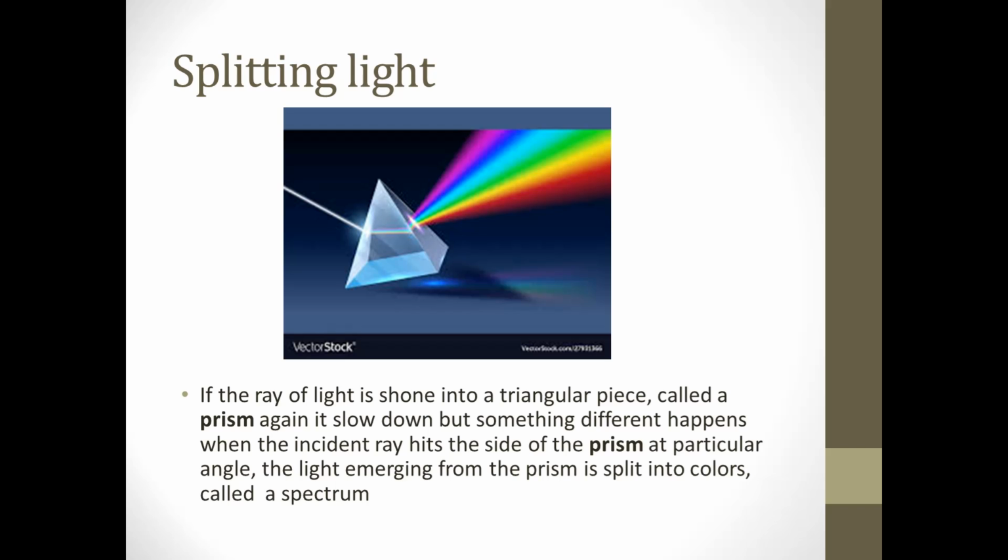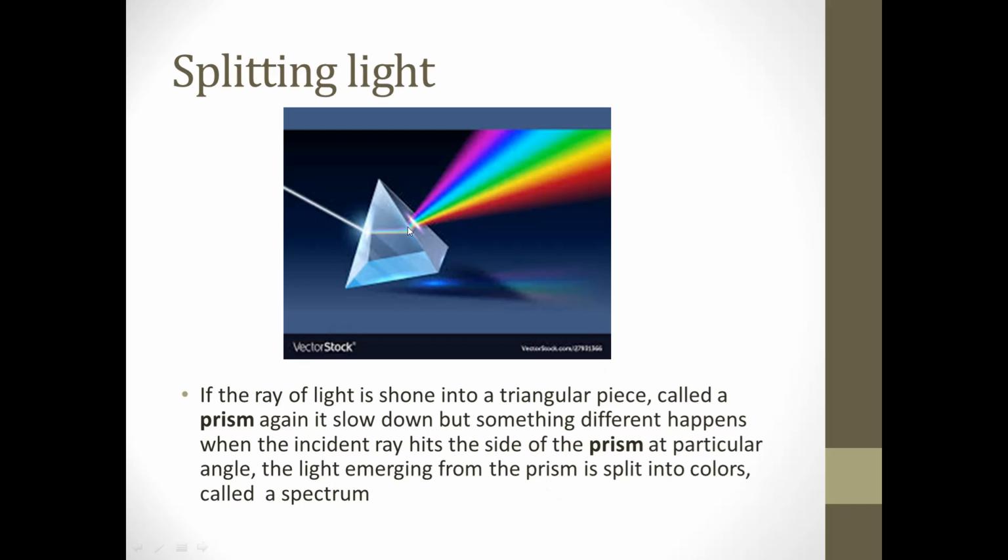But something different happens when the incident ray hits the side of the prism at a particular angle. When the white ray hits the side of the prism at a specific angle, what will happen? The light emerging from the prism splits into colors.